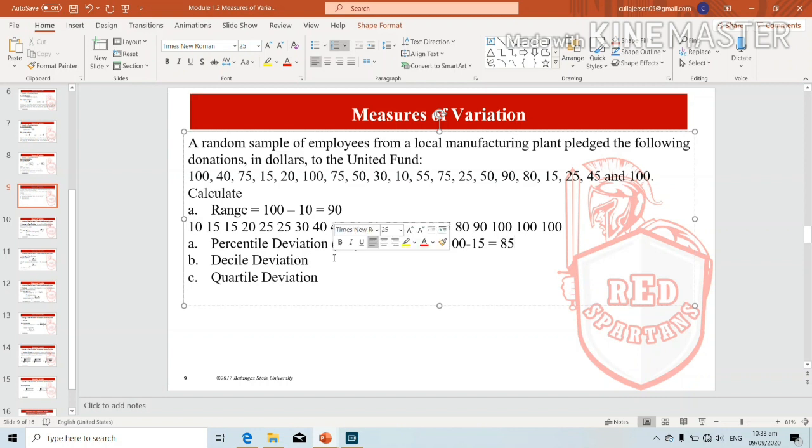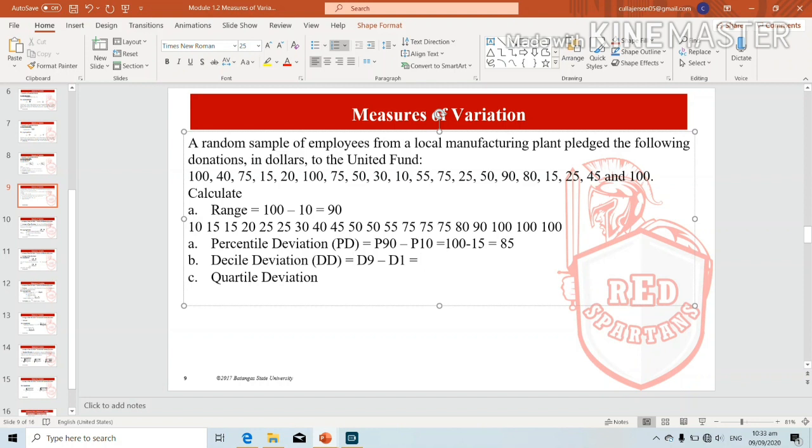So, for decile deviation naman, DD is equal to D sub 9 minus the D sub 1. So, kunin natin si D sub 9. Formula natin 9n over 10. So, 9 times 20 over 10 is equal to 18 pa din.